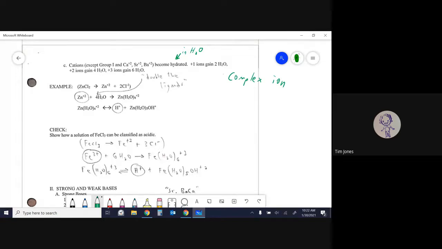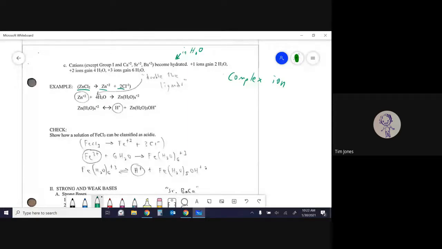So take this first scenario. Zinc chloride, if you put it in water, it splits, because it's ionic, it splits into zinc and chloride ions. And that's not the point here, I'm just referencing that that has already happened.